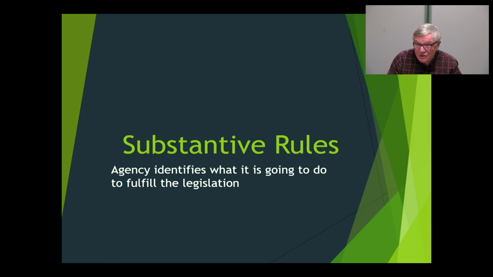Substantive rules. So now the agency knows what Congress wants it to do. Well, how are we going to do it? How are we going to carry out this requirement that Congress wants us to clean up the water, identify hazardous waste sites, clean the air up? And that requires them to make rules, what we all know as regulations, right? People always talk about the regulatory burdens imposed by the Environmental Protection Agency on businesses and individuals and governments and so on.